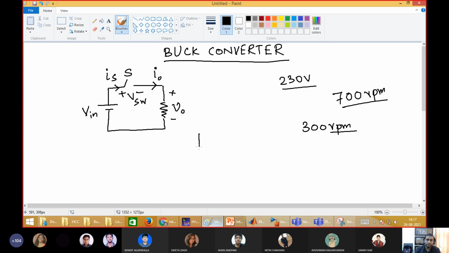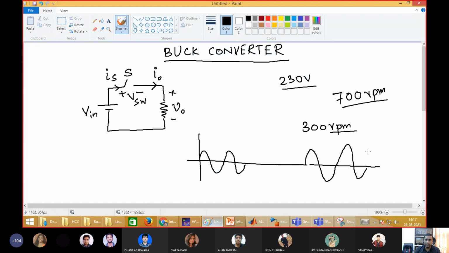So what you are doing actually? For some time the AC voltage is applied, then off, then again AC voltage is applied, then off. If this is repeating, this is the time period.